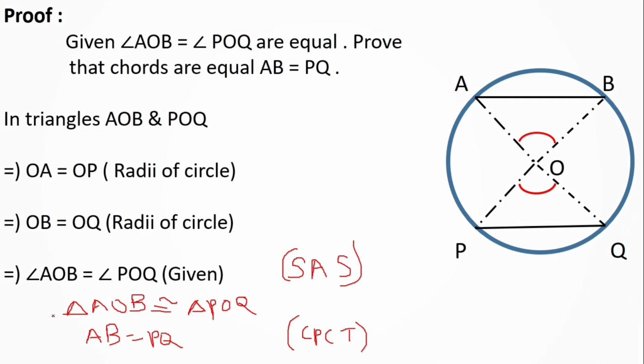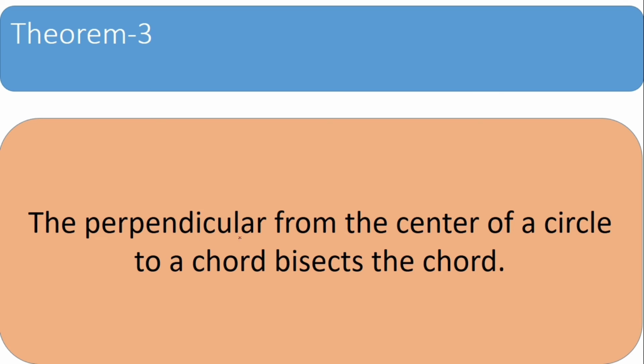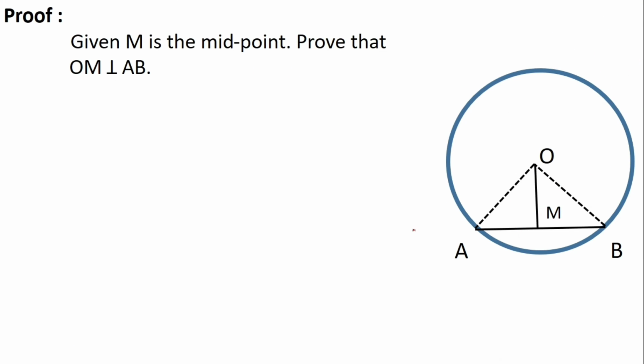So the third theorem we have is the perpendicular from the center of a circle drawn to a chord bisects the chord. Here the meaning of bisects is that a line segment is equally divided into two equal parts. To prove this, I have drawn a circle and taken the center as O. Then I have drawn a chord AB and a line segment joining the center to the chord.